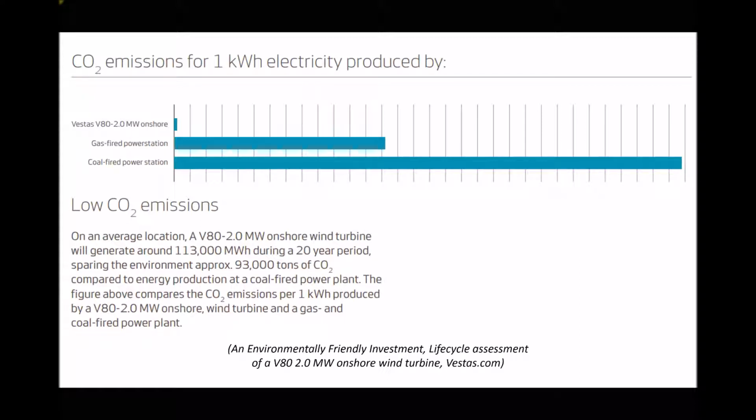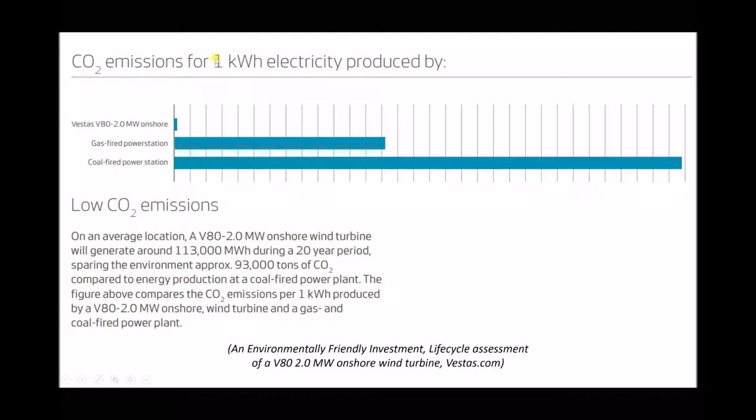So for a life cycle analysis, another thing we need to consider is CO2 emissions. Now when we do a life cycle analysis, what we're looking at is the amount of CO2 that's being produced throughout the life cycle. And what we see here is the amount of CO2 produced per kilowatt hour of electricity that's being produced. So this takes into consideration the CO2 emissions during manufacture, as well as the CO2 emissions during its operating life cycle.